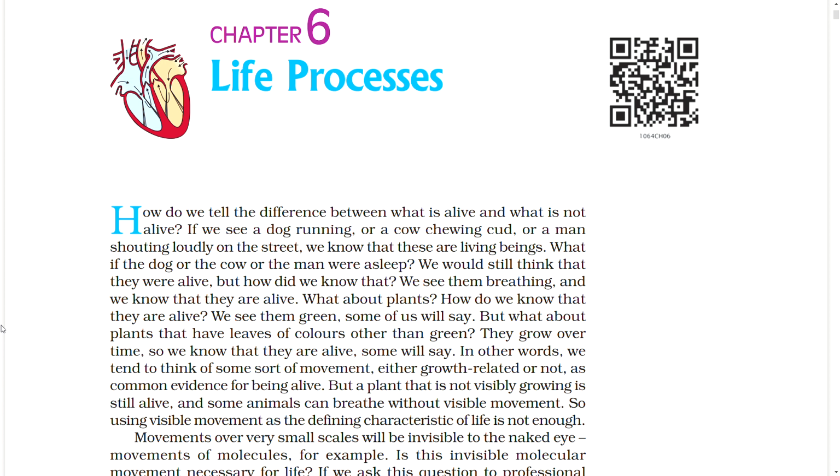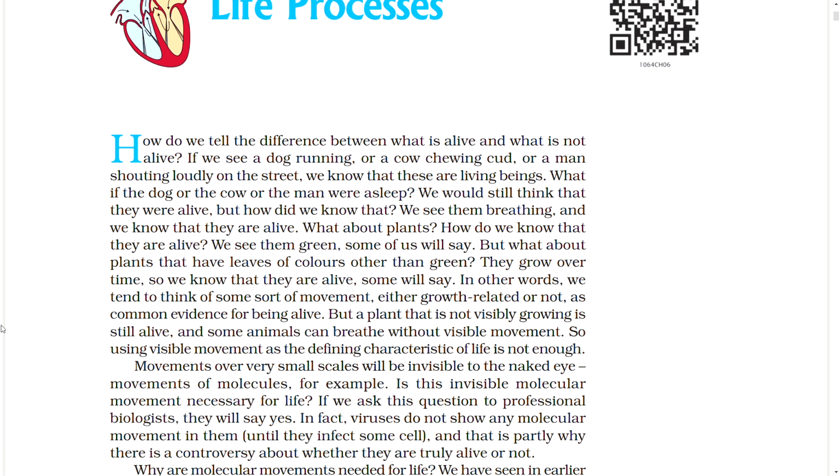In other words, we tend to think of some sort of movement, either growth related or not, as common evidence for being alive. But a plant that is not visibly growing is still alive, and some animals can breathe without visible movement. So, using visible movement as the defining characteristic of life is not enough.